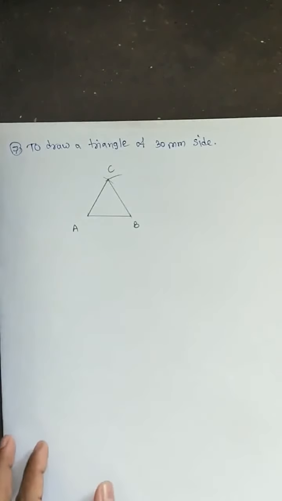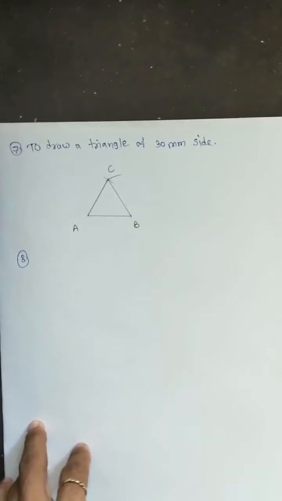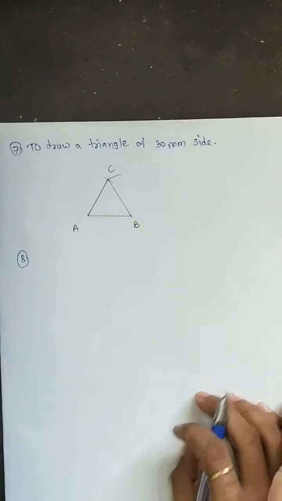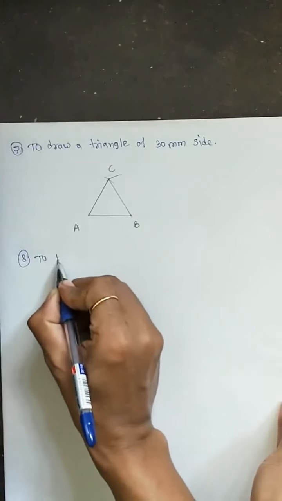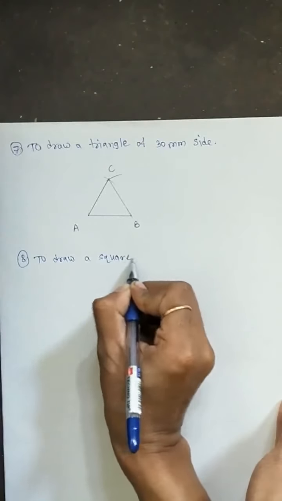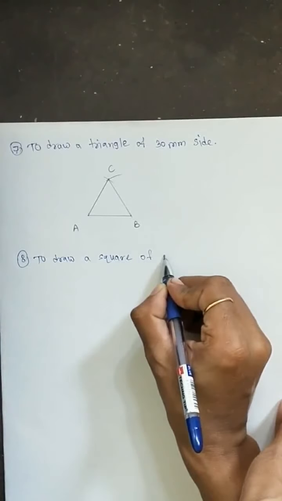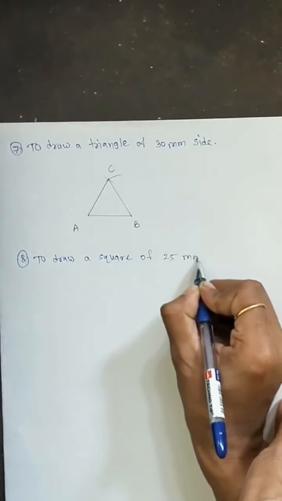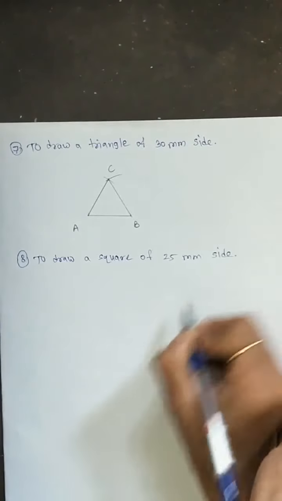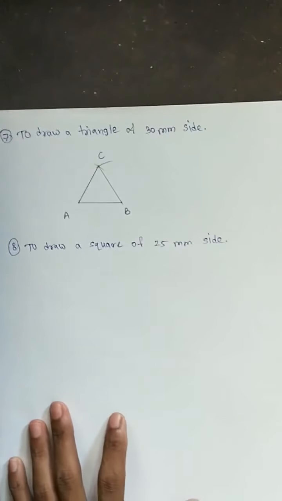Then next 8th geometry we will see. To draw a square of 25 mm side. You can take any length as you want.